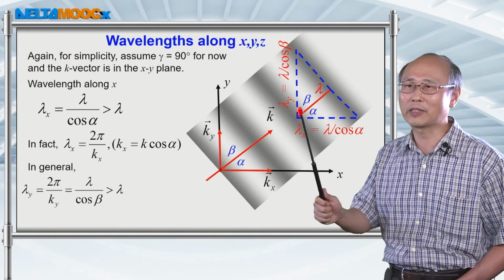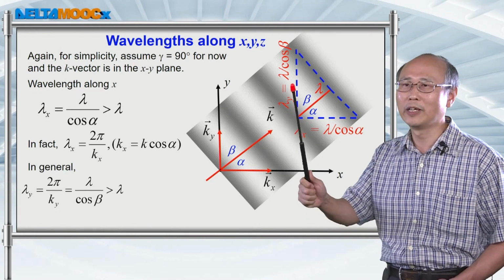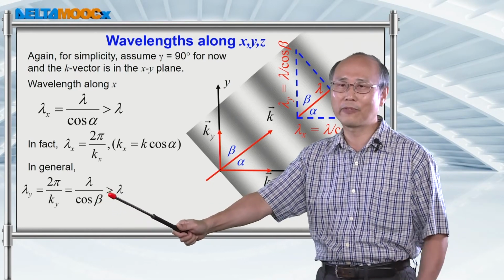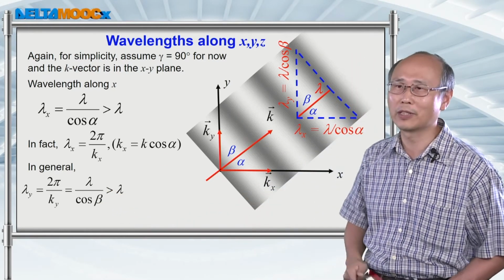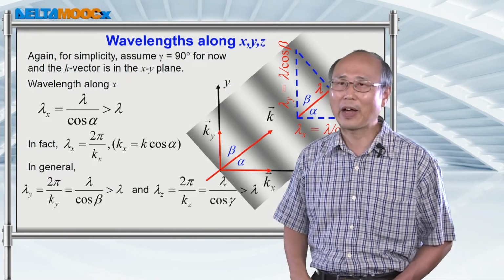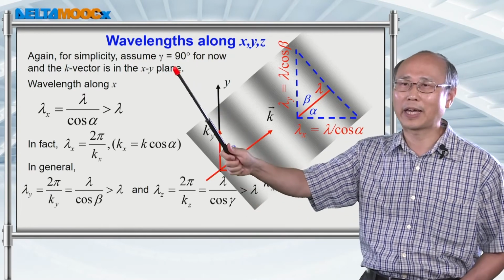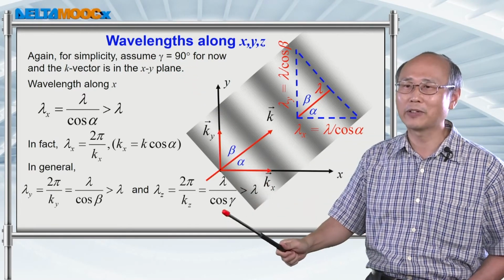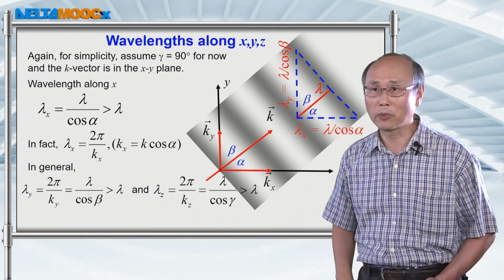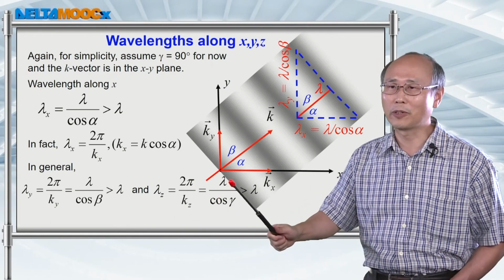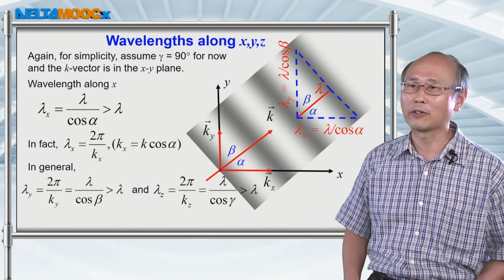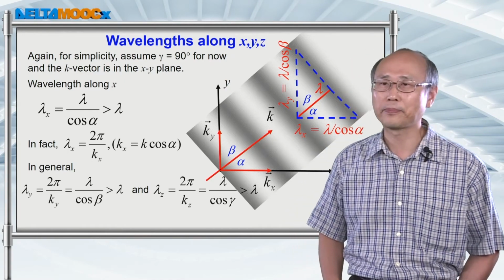Then you immediately have the wavelength along y equal to lambda divided by cosine beta. Again, this value is larger than the wavelength along the wavefront direction. Finally, if gamma is not 90 degrees, then along the z direction there will be a wavelength as well, equal to lambda divided by cosine gamma, and its value is also larger than lambda.